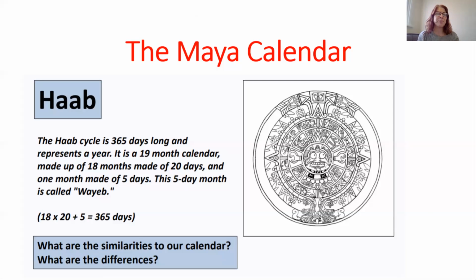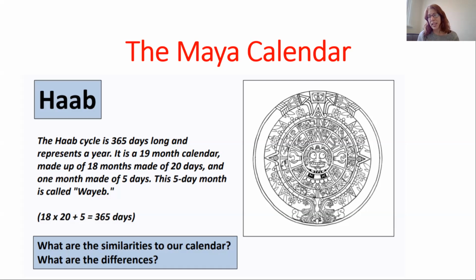So for example, this first calendar that they used here was 365 days long. And you should notice something about the number 365 days. Now, it had a system of 20 days and a month made of 5 days. And 20 and 5 were also 2 really important numbers to the Maya.